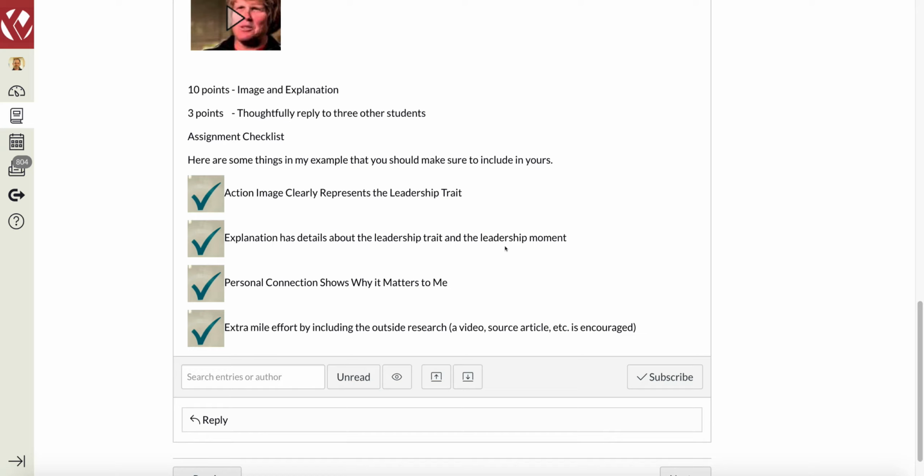So make sure that if you don't know how to include an image, you go through and learn how to do that, okay? Now the Student Success Center can teach you how to do that. I'll tell you just really quickly what I do. I save an image to Canvas files.